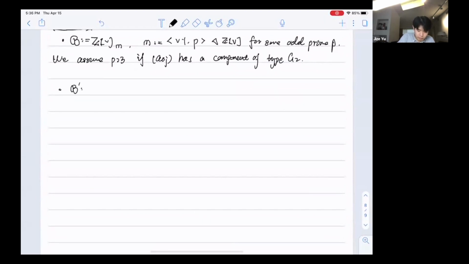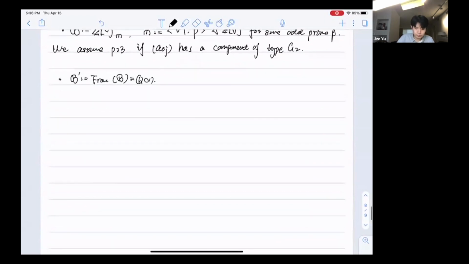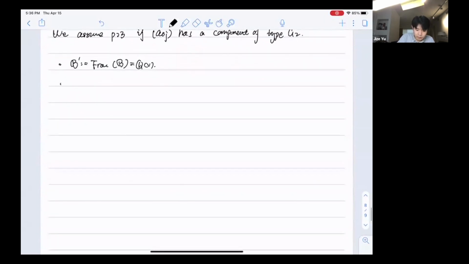So B prime will be the field of fractions of B, which is essentially Q of v. And we will write K to be the residue field of B, which is F_p.